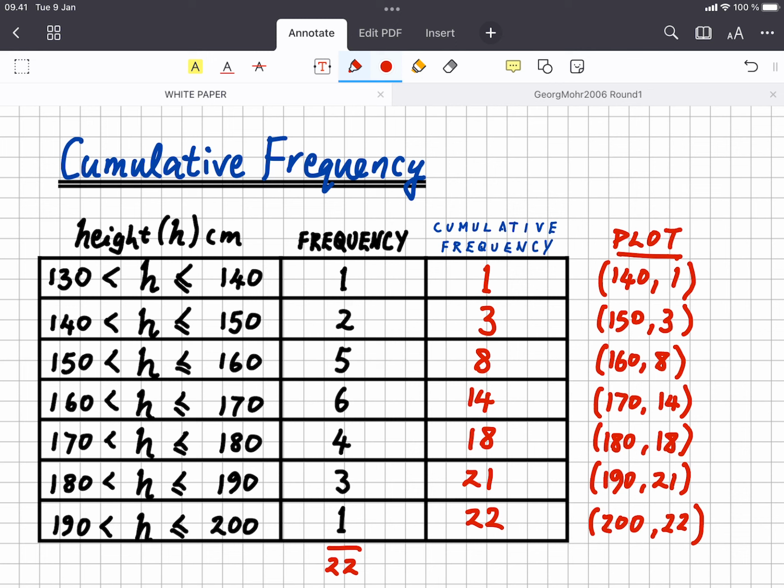I'm also going to plot a point at the start, 130, 0, and that's going to show me that there are no people whose heights are less than 130.